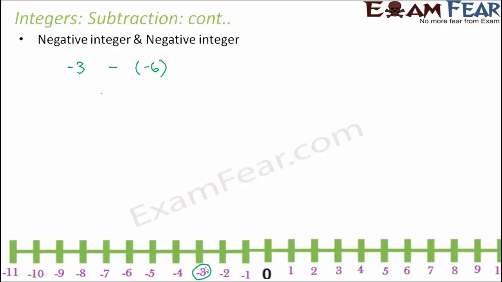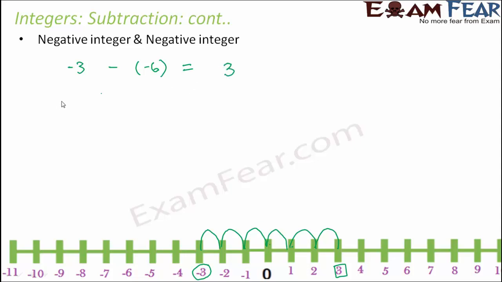We are trying to subtract a negative number. So that means that's the right thing to do. So we will move towards the right. How many jumps? 6 jumps. 1, 2, 3, 4, 5 and 6. So where have we reached? We have reached at plus 3. So basically minus 3 minus minus 6 is nothing but plus 3.